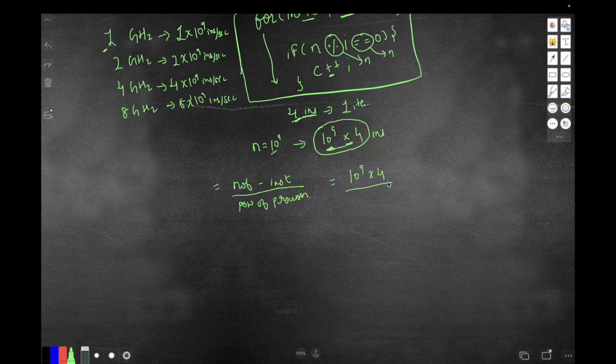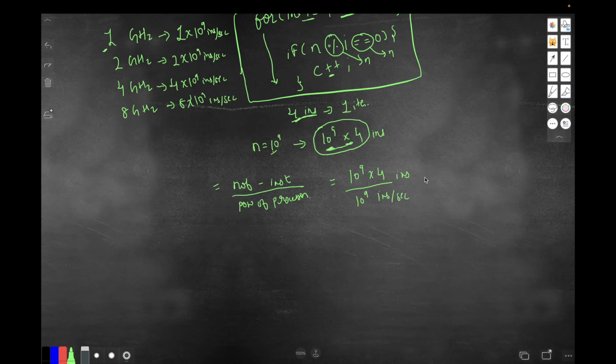And we are calculating for 1 gigahertz, how much time my 1 gigahertz processor will take to execute this many instructions. So the power of the processor is 10 to the power 9 instructions per second.